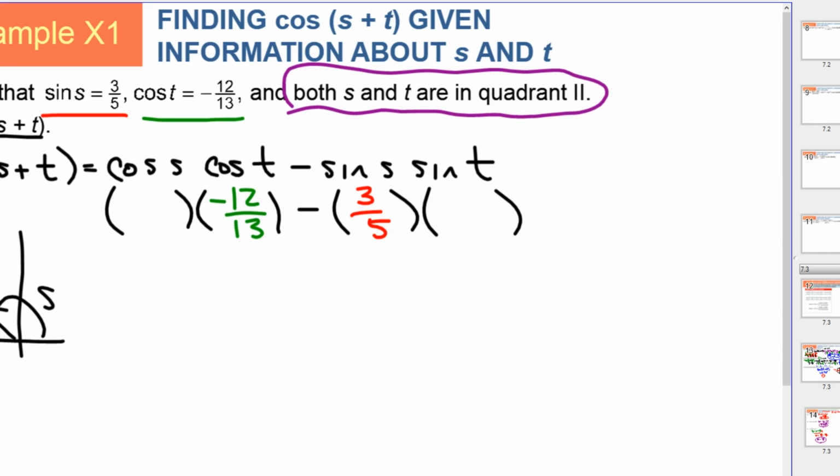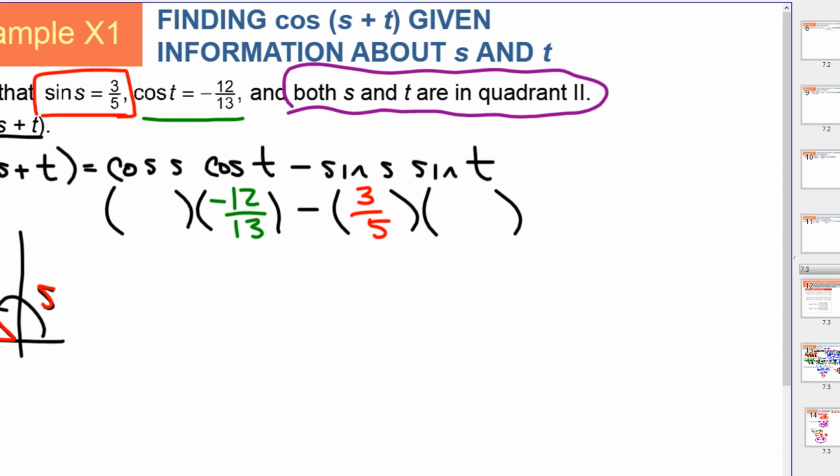What we knew about in this chapter 5 was this angle defines some xy point, right? But this xy point defines a circle and a triangle. So for s, I'm going to draw this right triangle. And what they gave me up here, sine s equals 3/5.